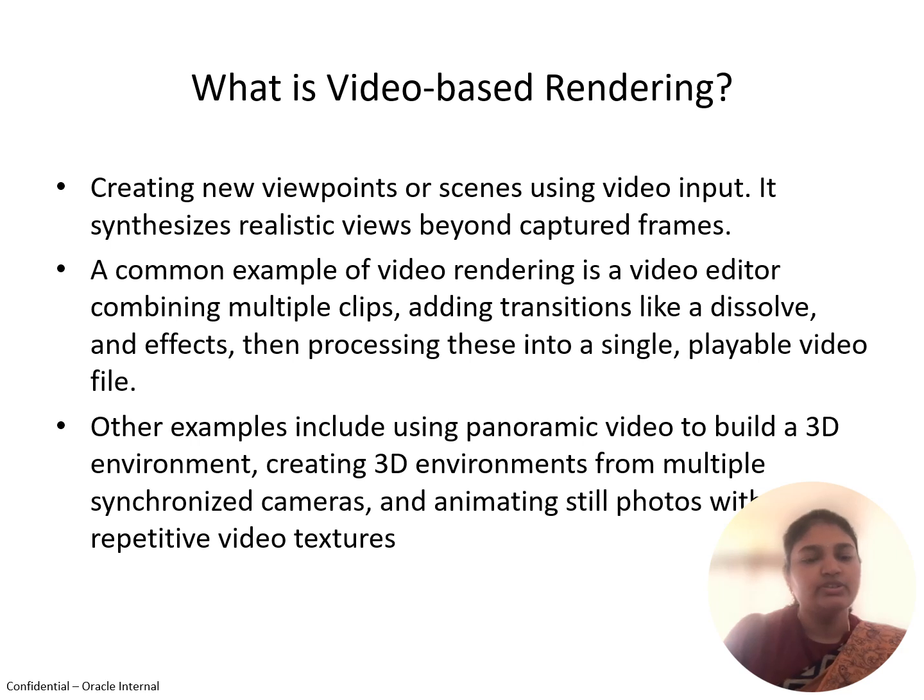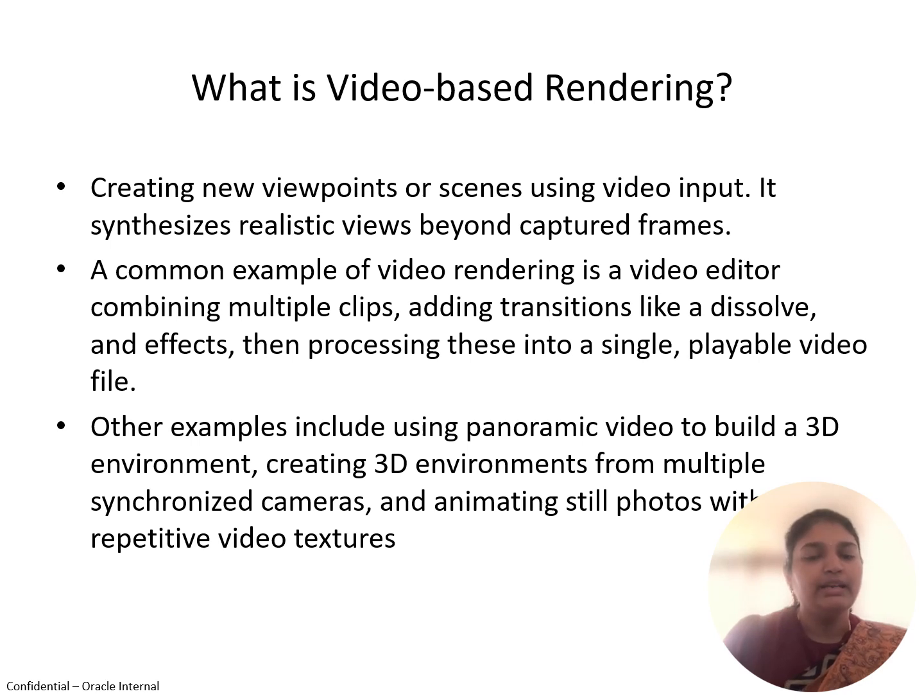A common example of video rendering is a video editor, combining multiple clips, adding transitions like dissolve and effects, then processing these into a single playable video file. Movies or short films are the best examples for video based rendering.